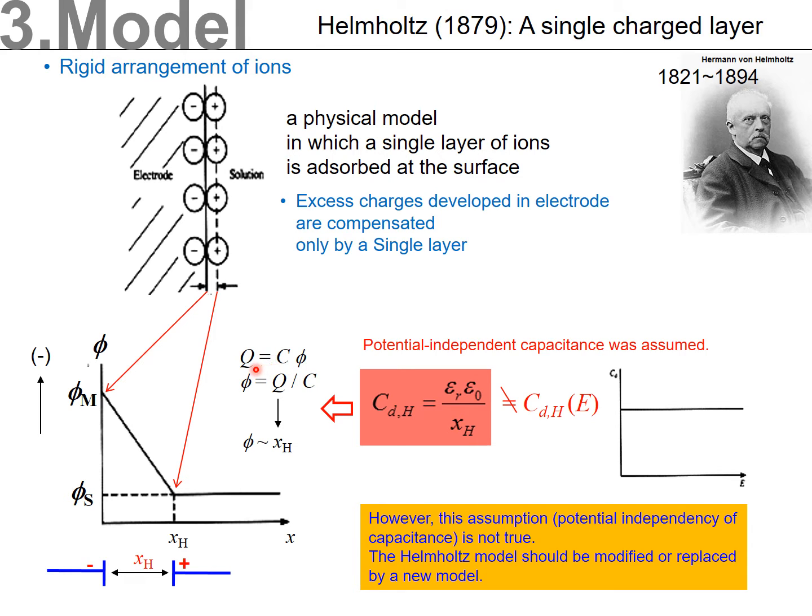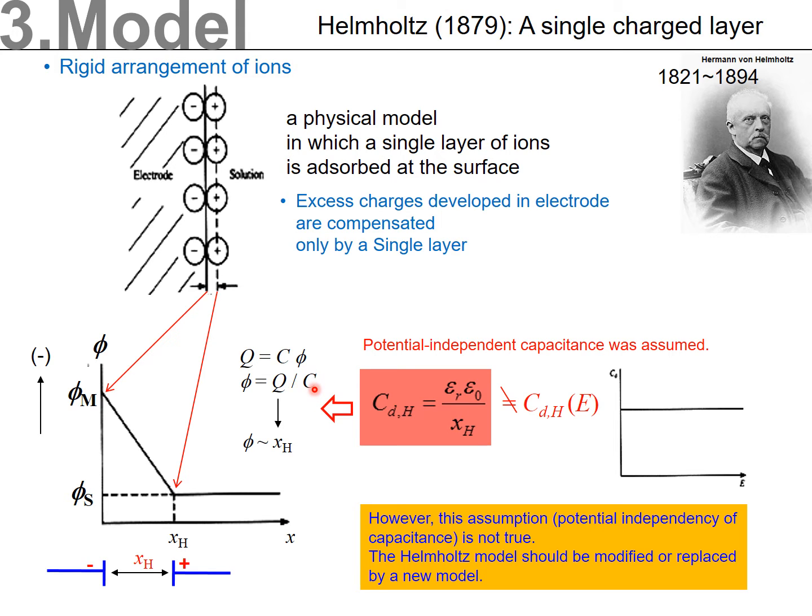As you know, the capacitance can be defined by the Coulomb, or the amount of charge per potential. So potential is equal to charge per capacitance. And therefore the potential is inversely proportional to the capacitance.